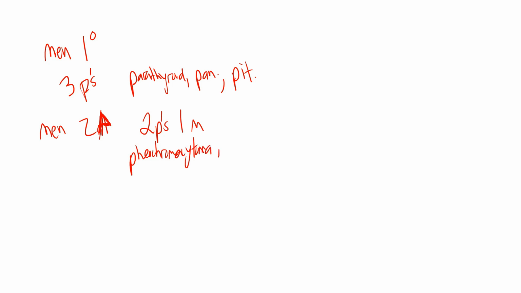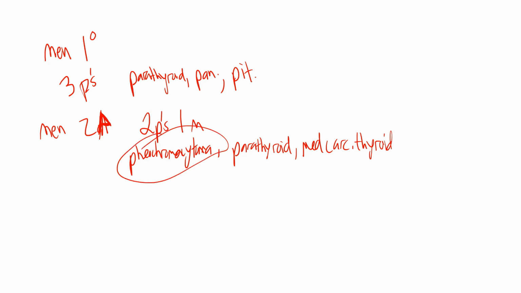And then you also have the parathyroid. And then the 1 M for this one is going to be medullary carcinoma of the thyroid. Remember I told you, not only is pheochromocytoma in both of the MEN 2 subtypes, medullary carcinoma of the thyroid is also in both of the MEN 2s. So if it makes it easier for you, you could go ahead and write those out right away. Okay, and that may help you.